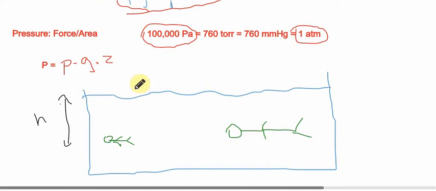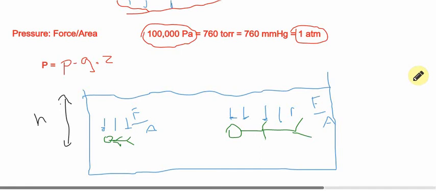Because if you look at it, the pressure is coming from the amount of water that is directly on top of these two. So there'll be a force of the weight of the water on top of each. While it is correct that the larger adult is experiencing a greater force due to the water on top, the pressure is actually the same, because we take the force divided by the area.